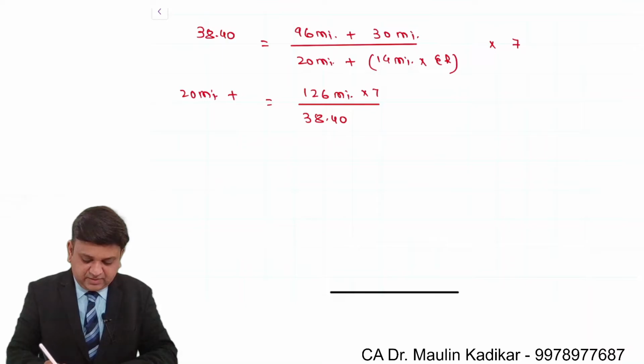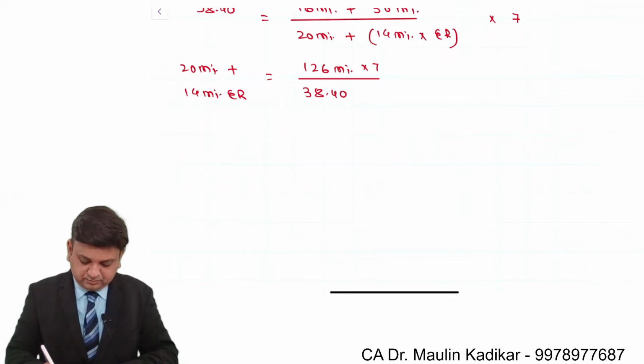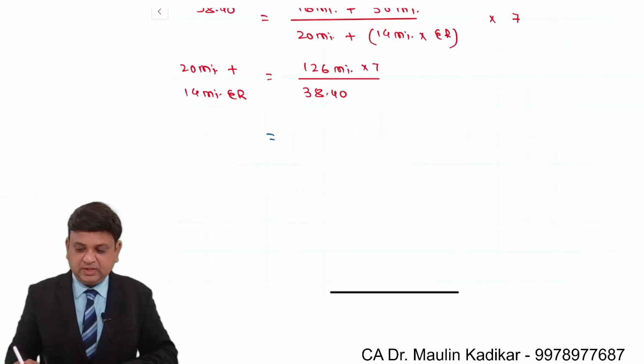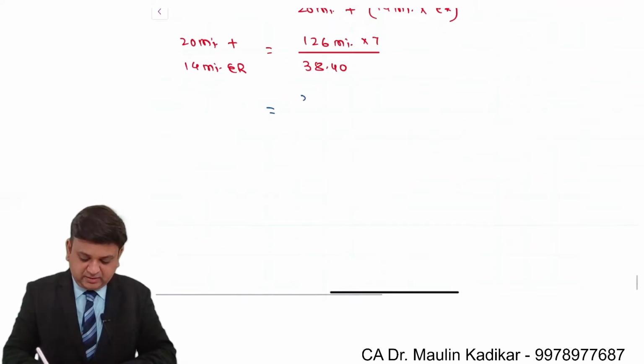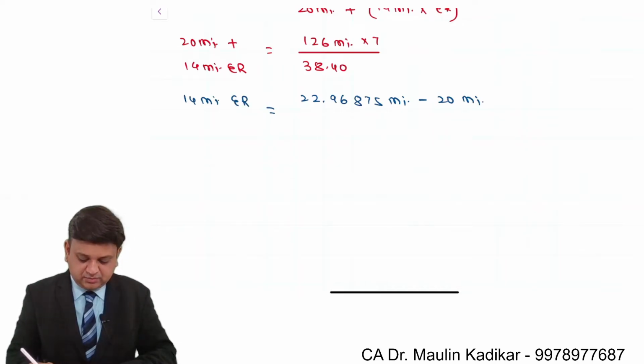So 20 million plus 14 million into exchange ratio equals 126 into 7 divided by 38.4. That comes to 22.96875 million. Minus 20 million is equal to 14 million into exchange ratio.